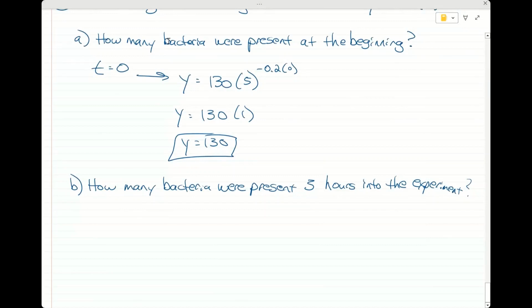Well, 3 hours, so t is 3. So if you can, why don't you take out your calculators, and let's just make sure we can plug this in, because really that's all this is. You don't want to get it wrong because you plugged it into your calculator.